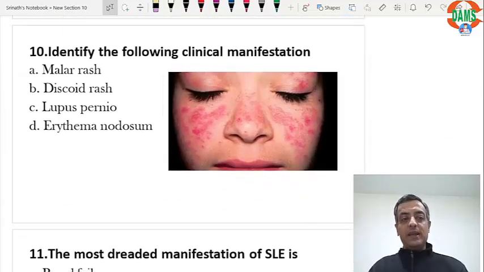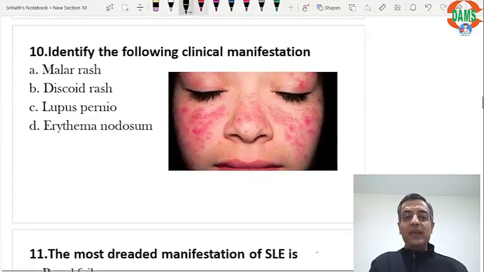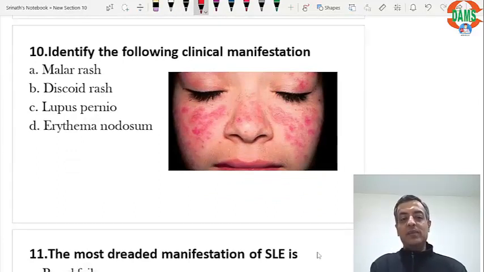Question number 10. Identify the following clinical manifestation. This is a typical blood red color rash.